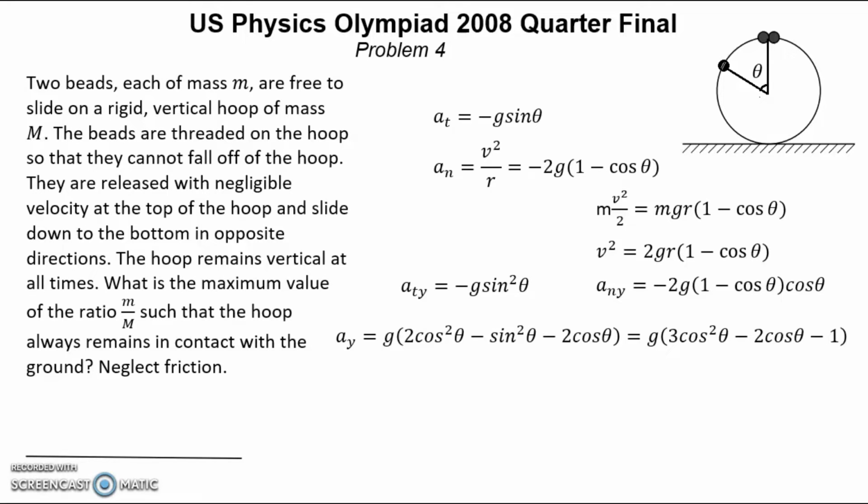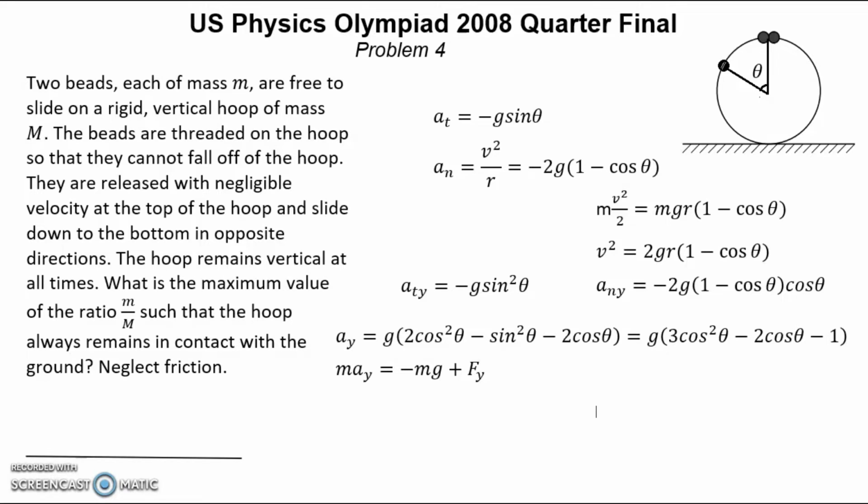Now let's see. Our bead is moving vertically with this acceleration, but it is created by the force of gravity and by the reaction from the hoop. We can write this equation. So here we have m a_y equals negative mg plus the vertical force from the hoop.